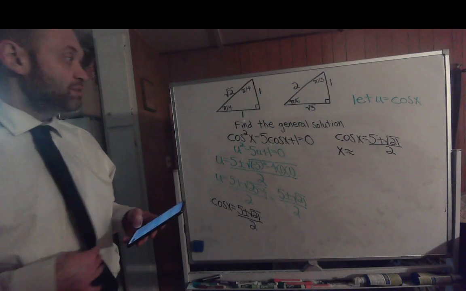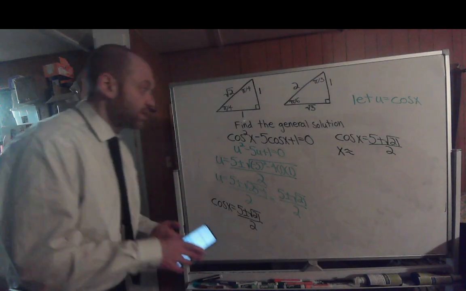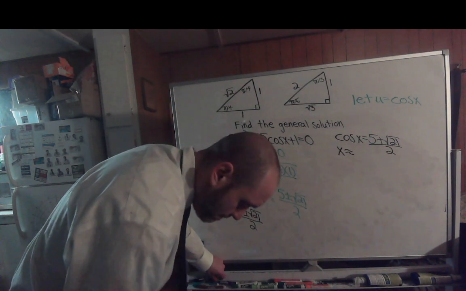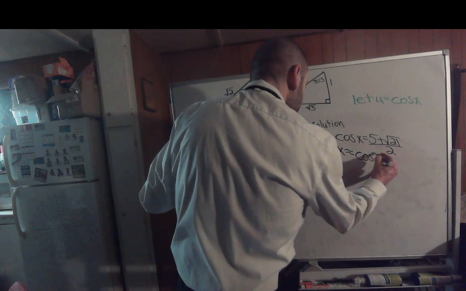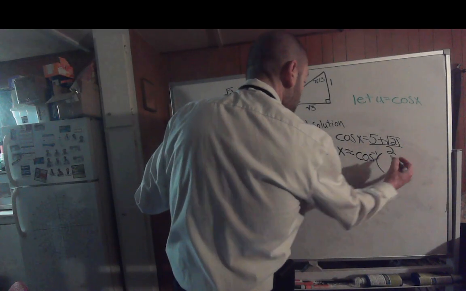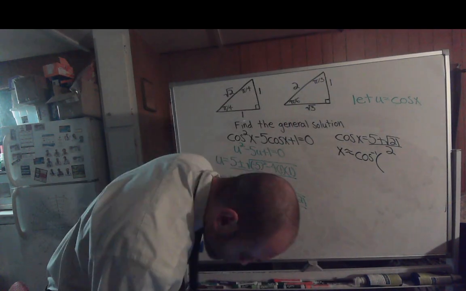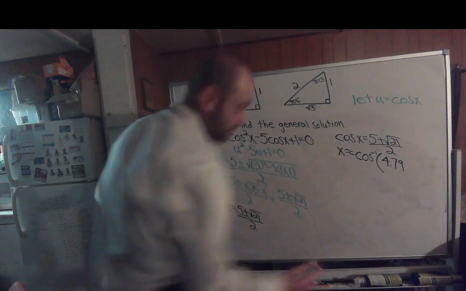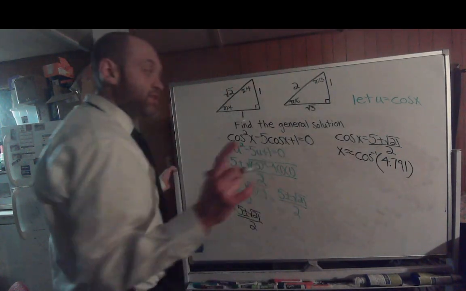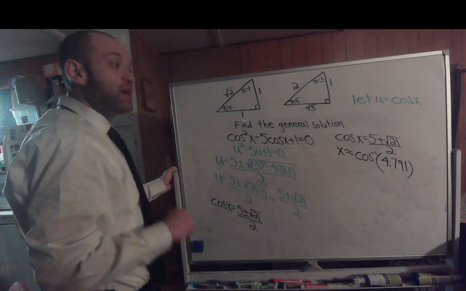So you would actually end up getting the cosine inverse. Interesting thing here. You'll end up getting the cosine inverse of all this, which would be 4.791. Well, what is the domain of the cosine inverse? It's negative 1 to 1, so actually there's no solution there.